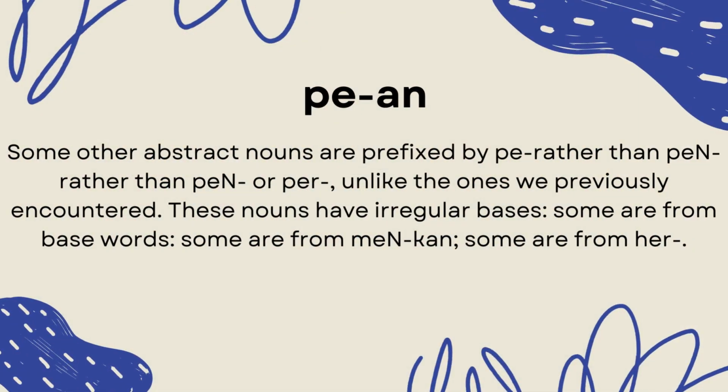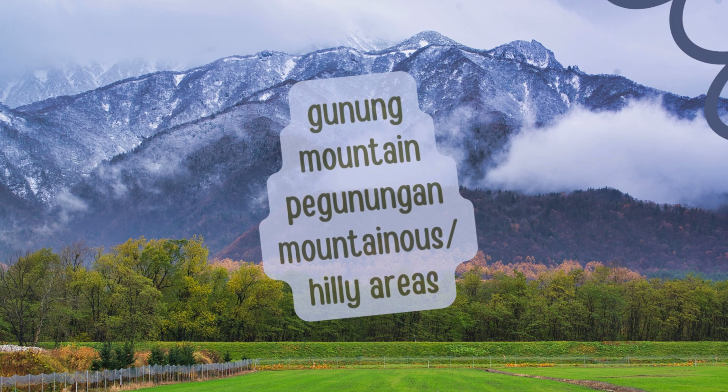Some other abstract nouns are prefixed by pe- rather than pen- or per-, unlike the ones we previously encountered. These nouns have irregular bases. Some are from base words, some are from meng-kan, some are from ber-. Gunung, mountain. Pegunungan, mountainous, hilly areas.